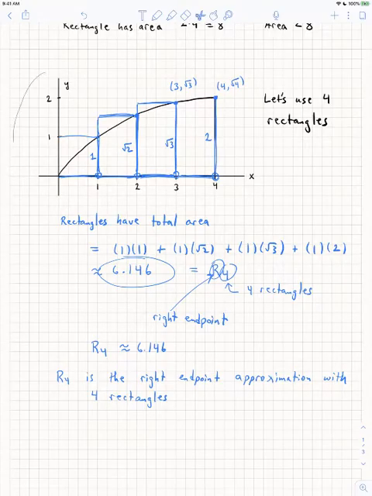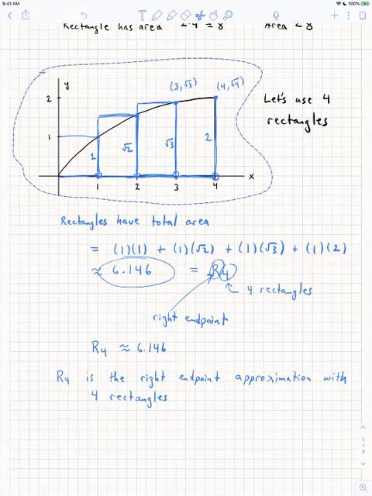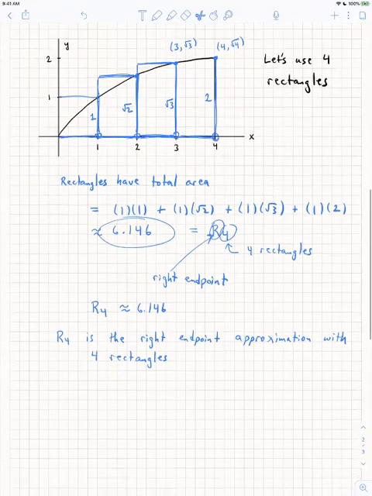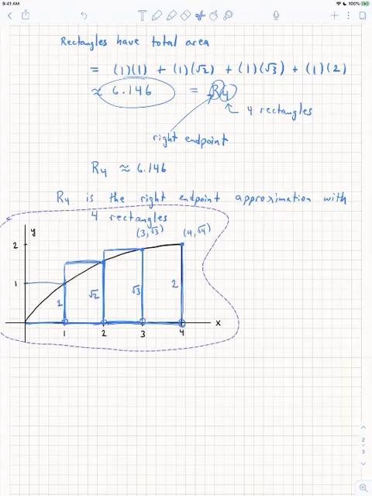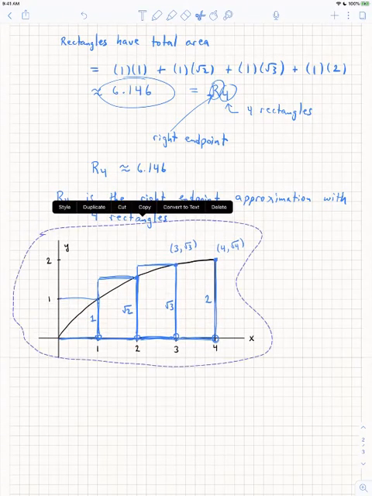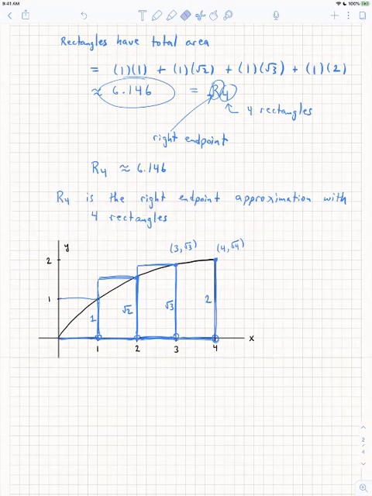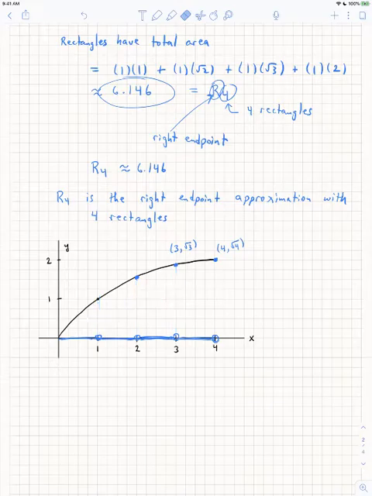Let me just copy this graph again so we don't have to redraw it. And let me just paste it here. Now the first thing I want to do is get rid of all of these blue line segments, like so. All right.